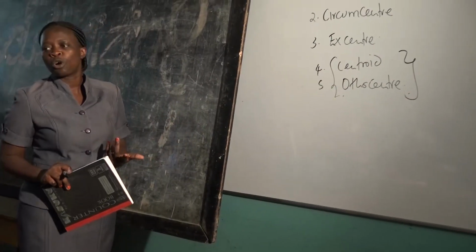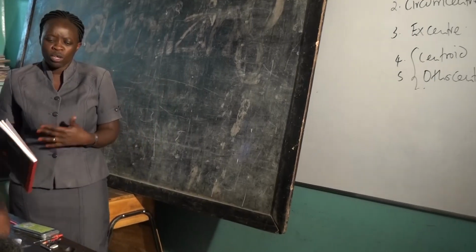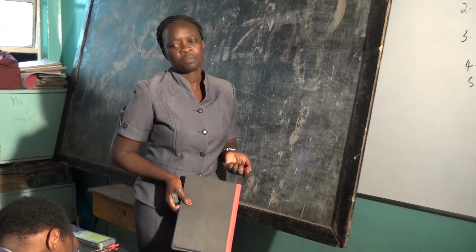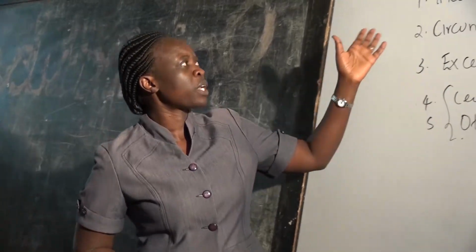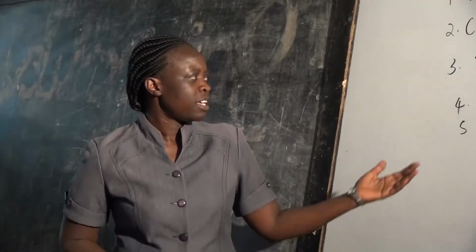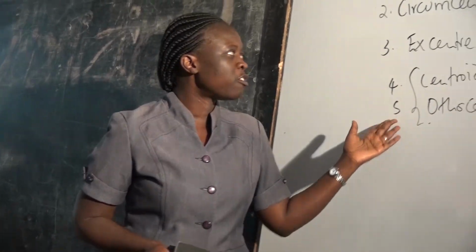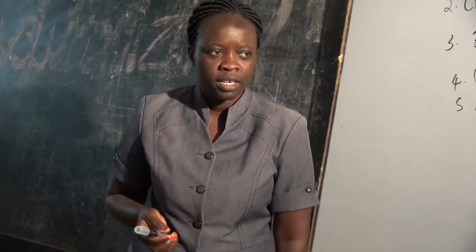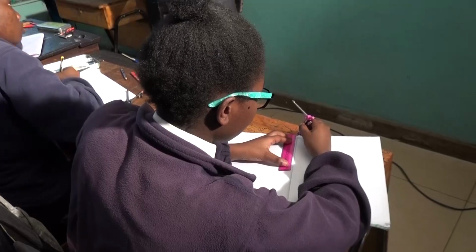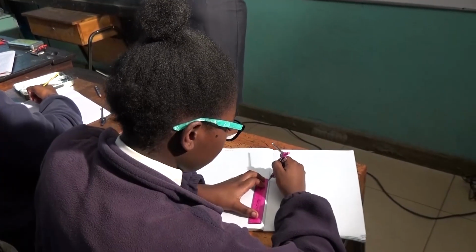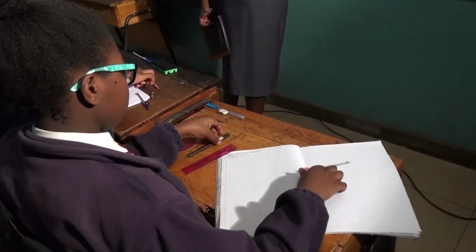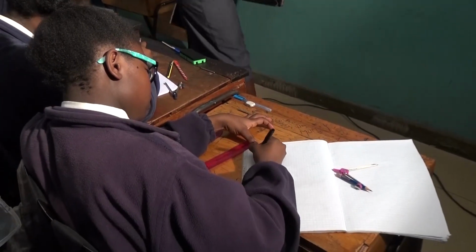How do we draw a centroid, and what is a centroid, or how does it come about? So give us time to write other centers of triangle. Our number 1 will be centroid, and that is what we will focus on.